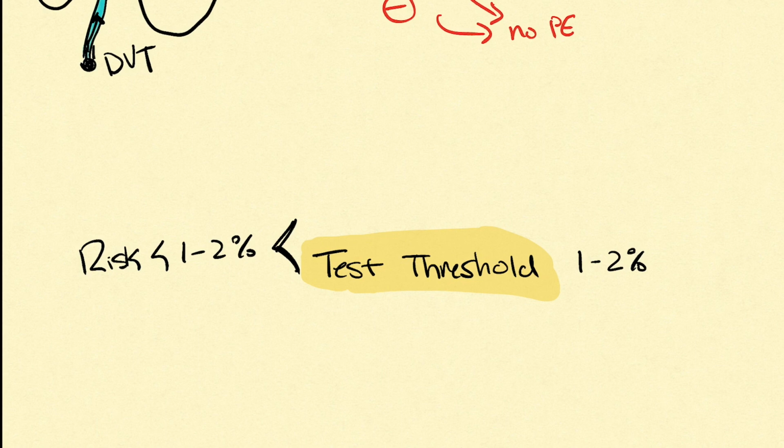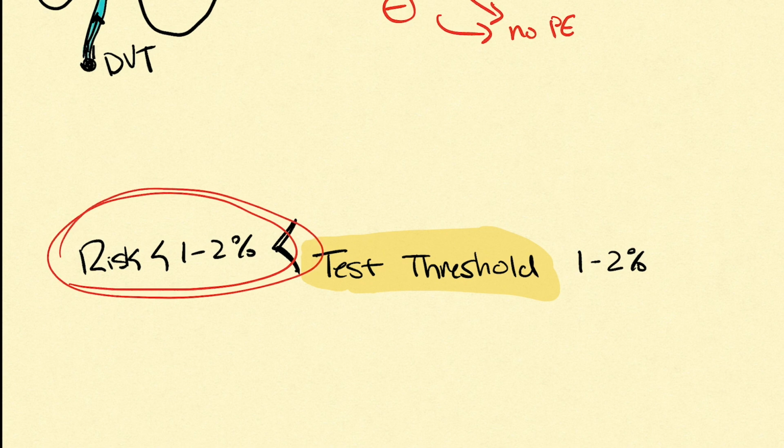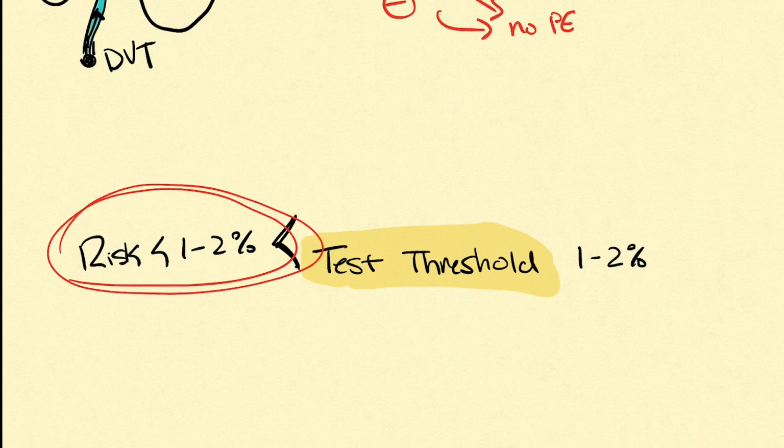And so the goal of this PERC rule is to try to get people below a 1 to 2% risk, right? You are so low risk that doing additional testing, such as blood work, such as CAT scan, is not needed. And so let's talk now a little bit about the data of how they got this.